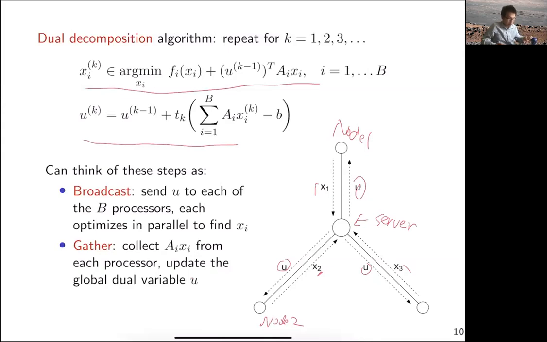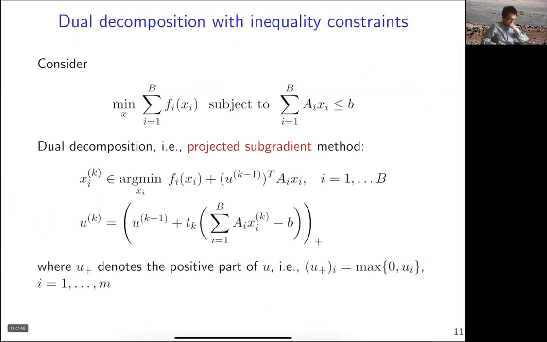Okay, so what happens is that this dual decomposability is completely induced by the structure of the problem and the way that we decide to solve this problem via dual ascent. So what if we have inequality constraints? I argue that we can do the same for the inequality constraint, with more or less no losses at all.